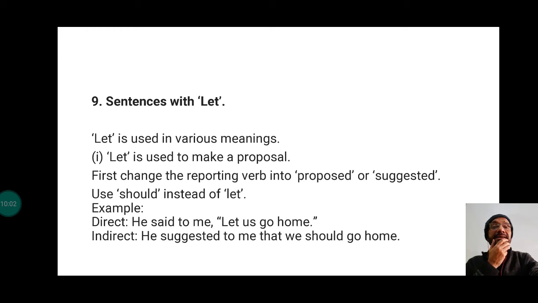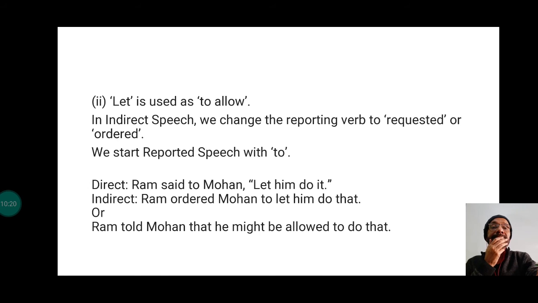Sentences with "let." Let is used in various meanings. Let as a proposal: first change the reporting verb into proposed or suggested. Use "should" instead of "let." You have the example over here. "Let us go home" is changed into "He suggested to me that we should go home." So "let" is removed and "should" is used. Let can also mean to allow: let him come in, let him go.